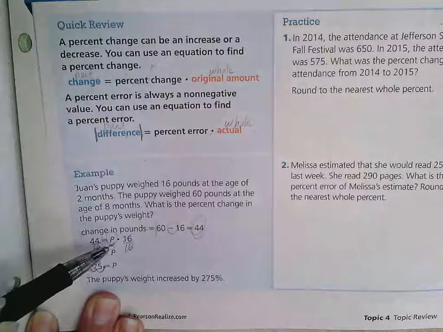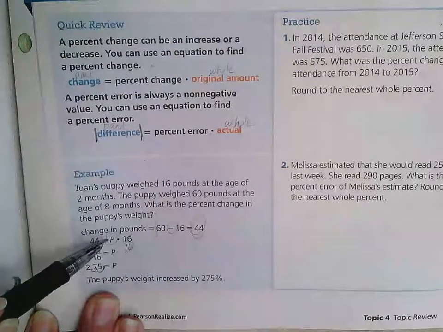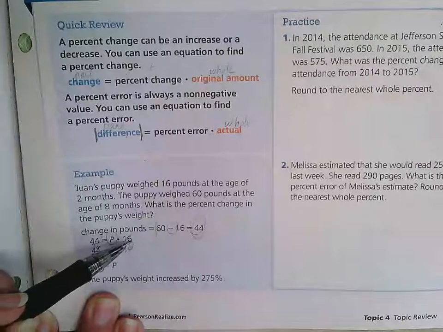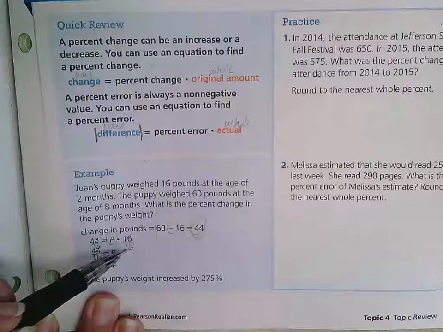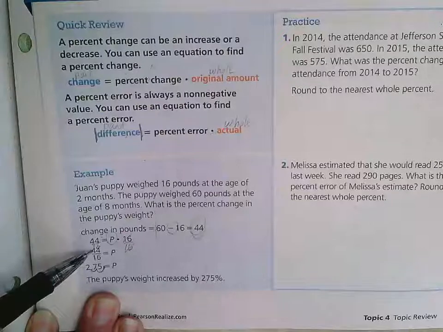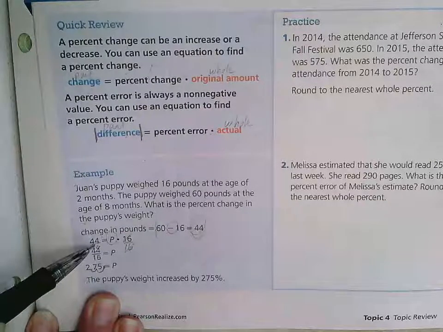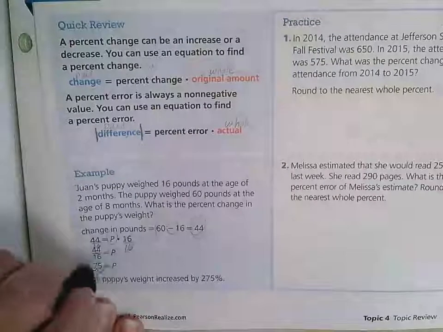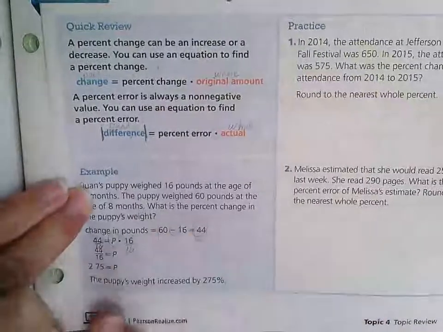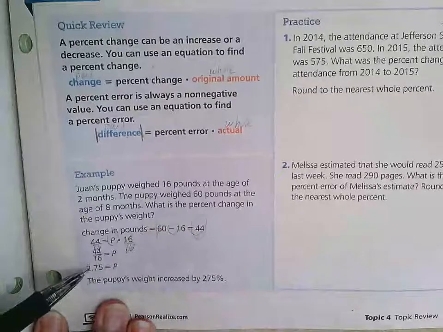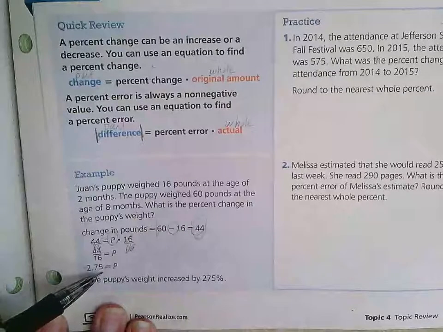So then to get the variable p isolated all by itself, we divide both sides by 16, and so that's 44 divided by 16 equals p, and once you do the division you can see that the p value is 2.75.